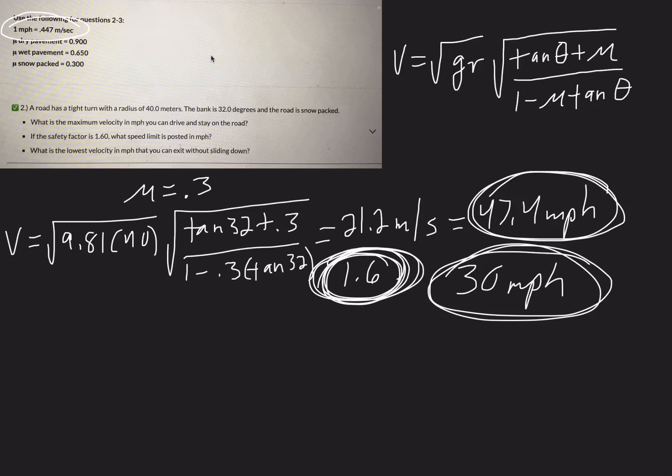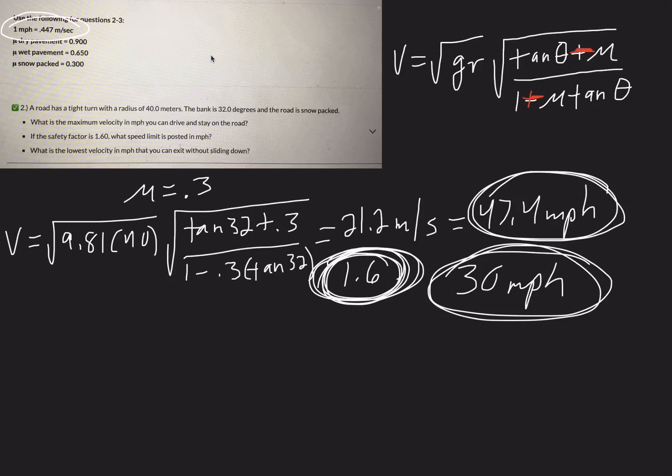Okay, the next thing is what is the lowest velocity in miles per hour that you can exit without sliding down? So what that means, the way that changes the equation, if you derived it out yourself, is that the signs are going to change. So up here, this would be a minus sign on the top, and down here it'd be a plus sign.